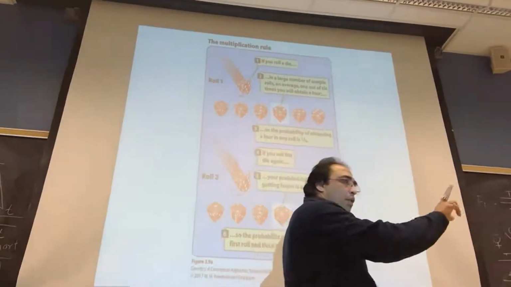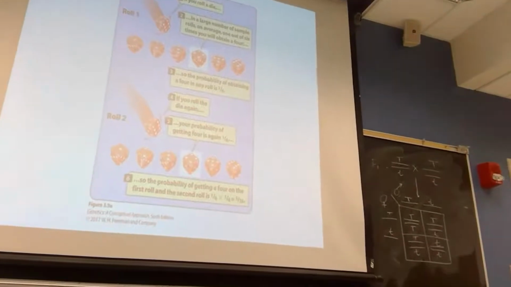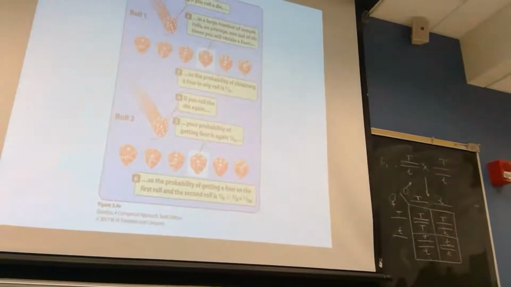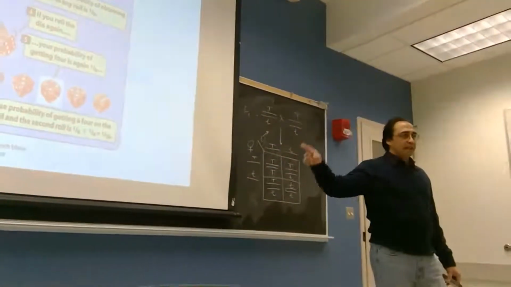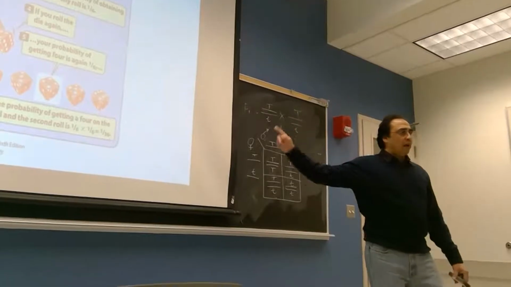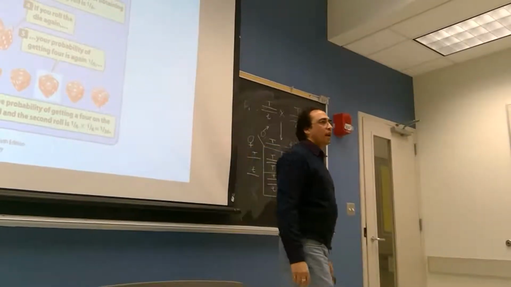So if you have 6 total chances, you can get only one chance of 4. So the chance of having 4 in one roll is 1 out of 6. The probability is 1 out of 6.